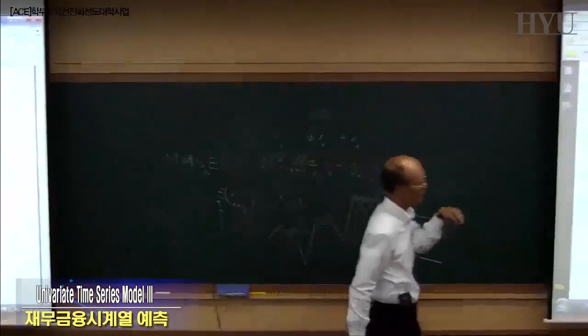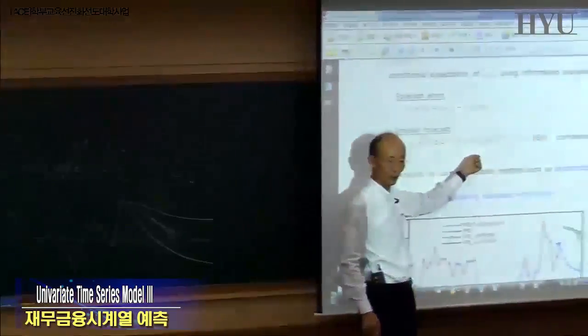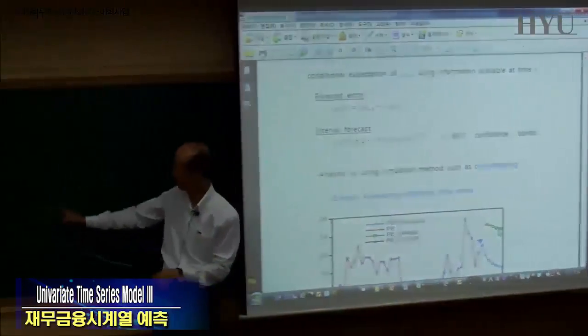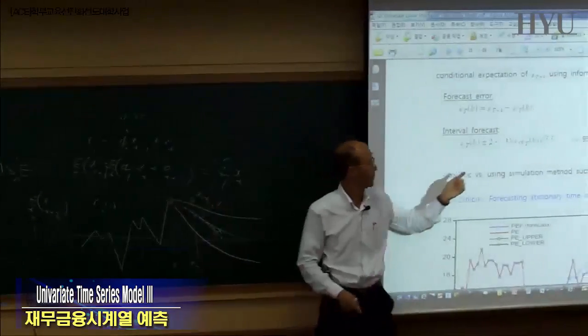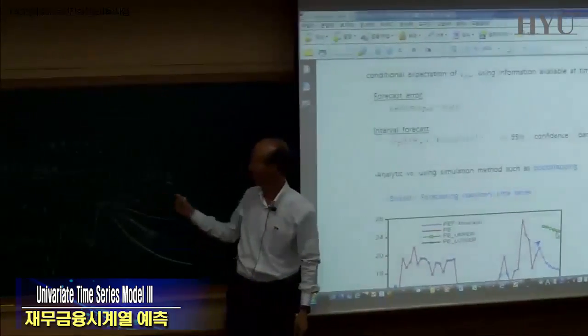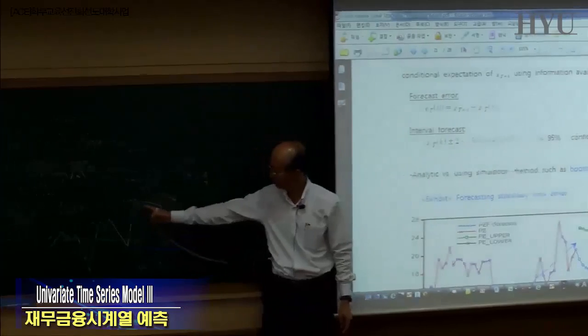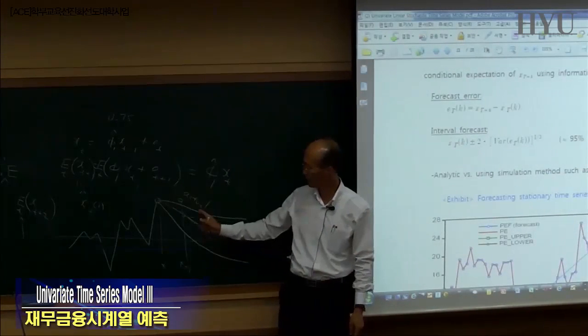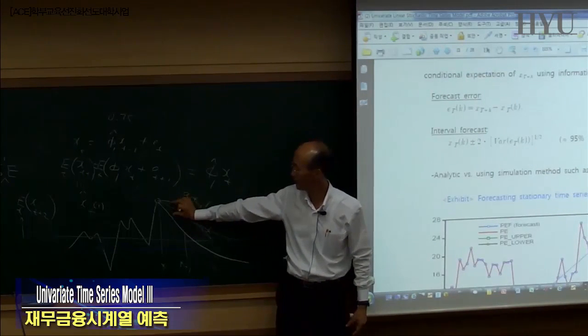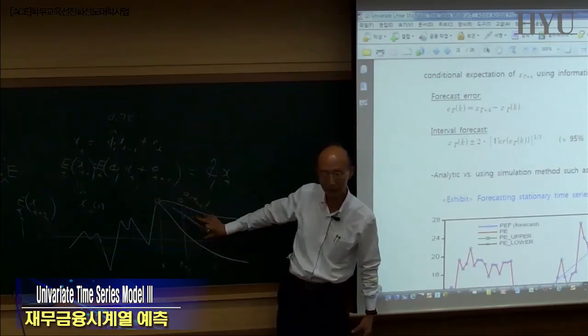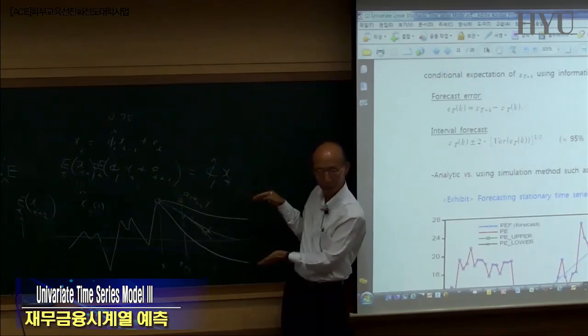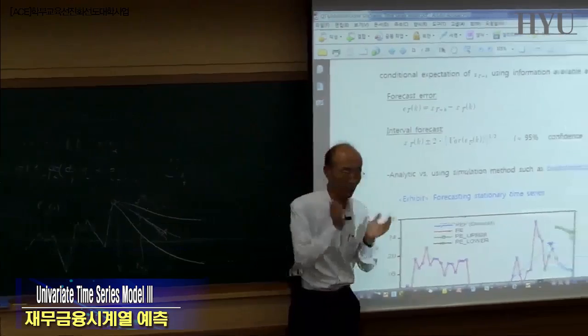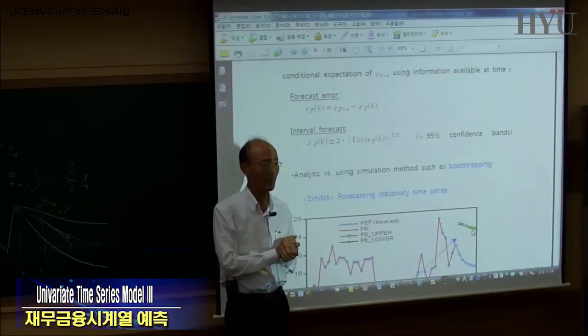So if you can calculate this one analytically, it's okay. You can calculate this conditional expectation to get this forecast, and also if you calculate the standard deviation for this forecast error, then you can calculate the 2 standard deviation band. That's the analytical way, and very complicated.